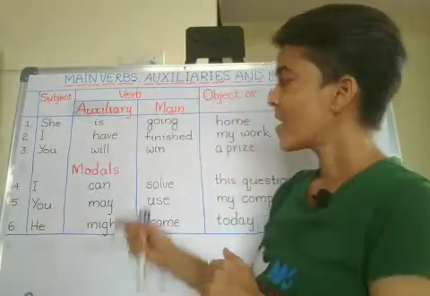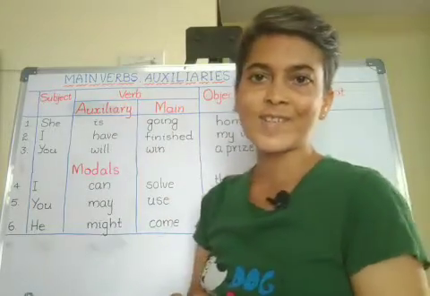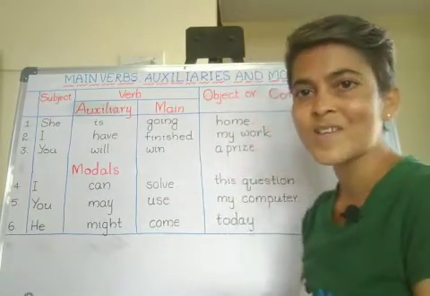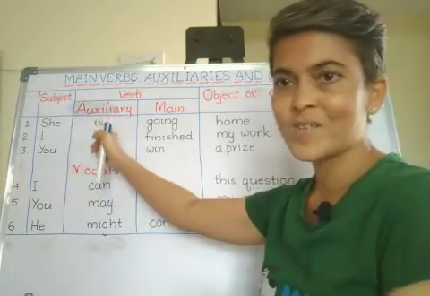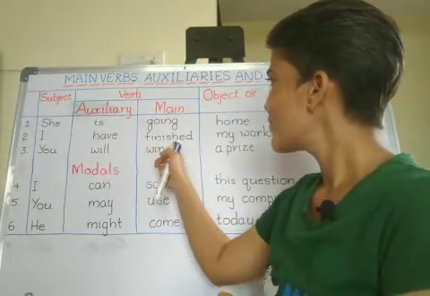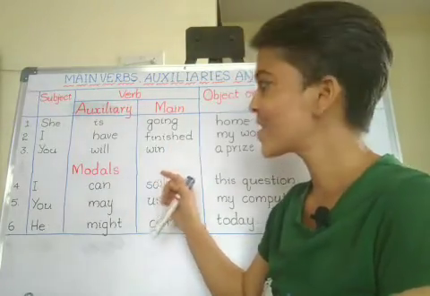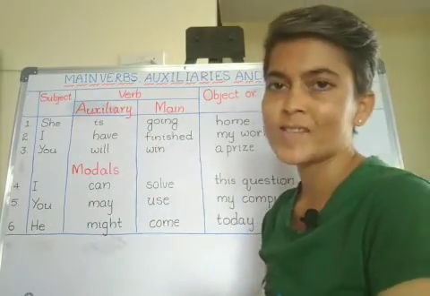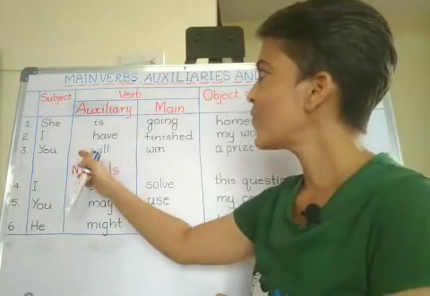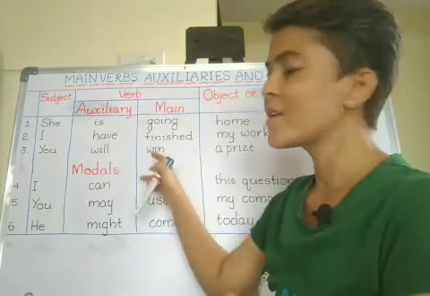And I have finished my work. Have is the auxiliary verb, finished is the main verb. Okay friends, you will win a prize. Will is the auxiliary verb, win is the main verb.